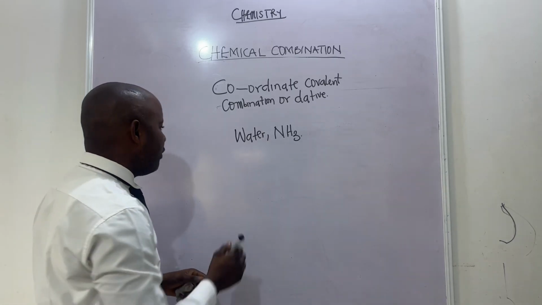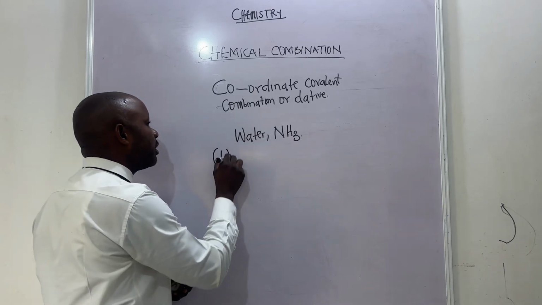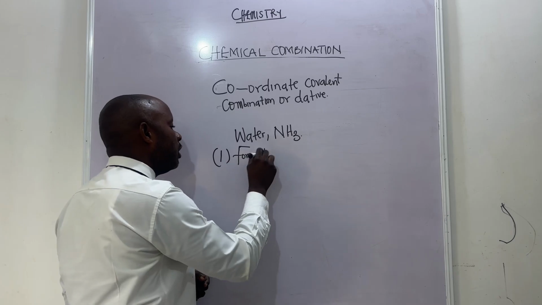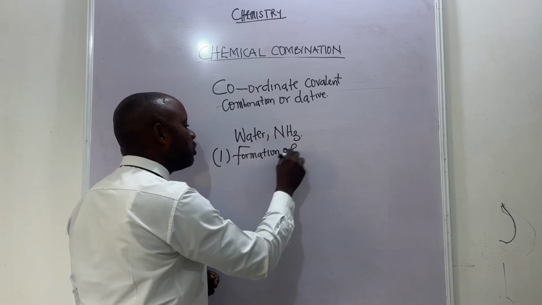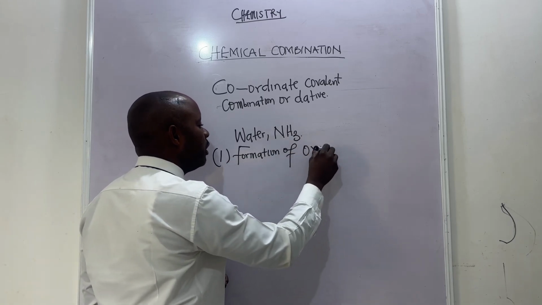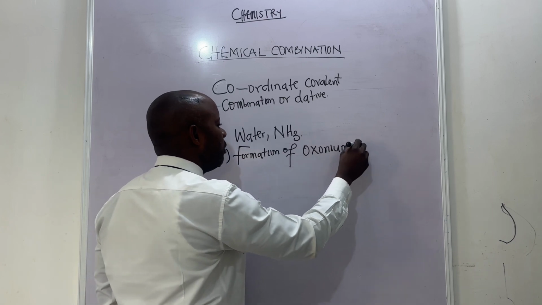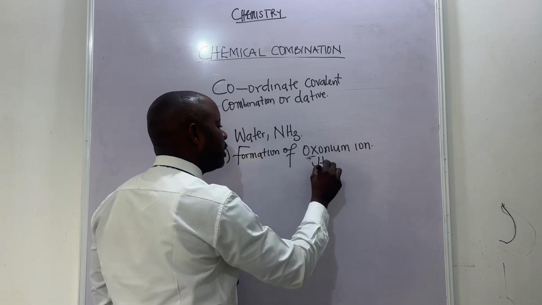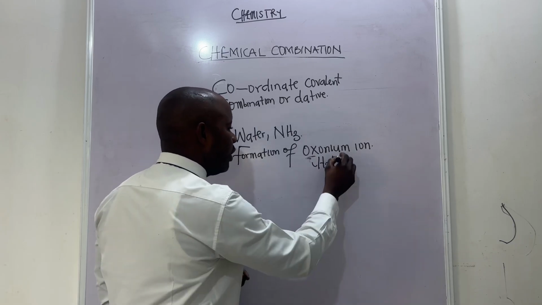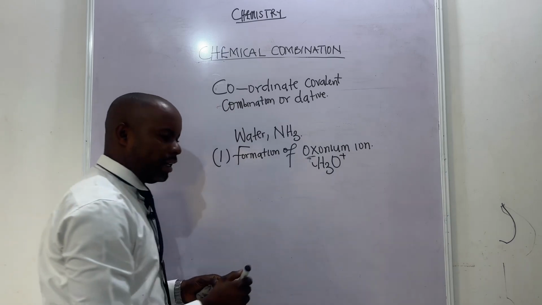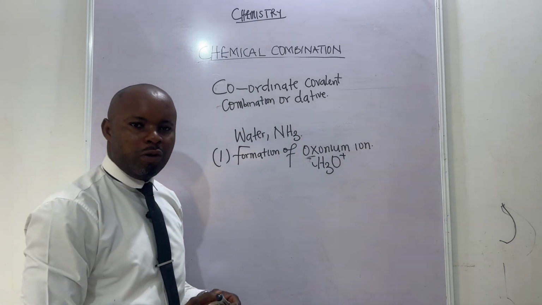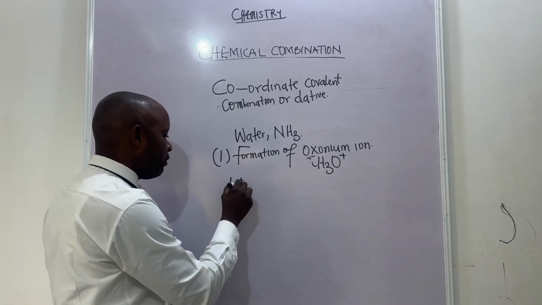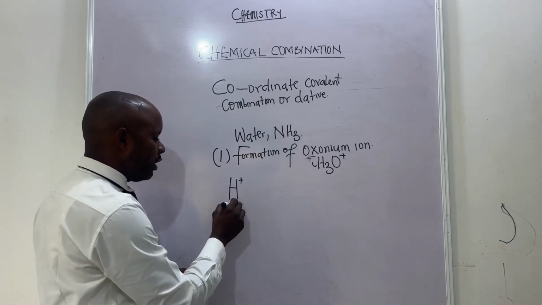So a very good example of this coordinate covalent combination is the formation of the hydronium ion, H3O plus. One of the hydrogens from an acid, let's use a monobasic acid like HCl, has no electron.